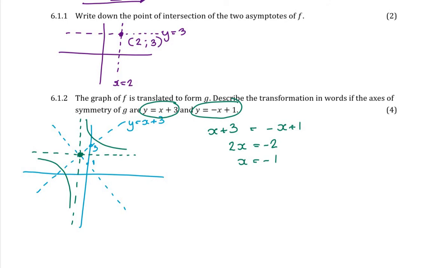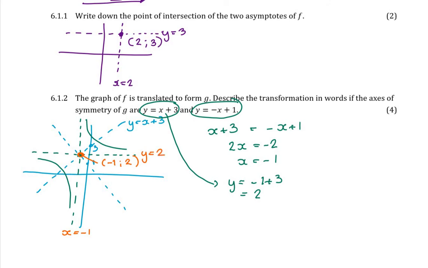Now if x is equal to negative 1, I can just go back to this formula, or the other formula, but this one's quite easy. Negative 1 plus 3 is 2. Now that means that I know this point of intersection is at negative 1, 2. Now that tells me that my asymptotes are x is equal to negative 1 and y is equal to 2.